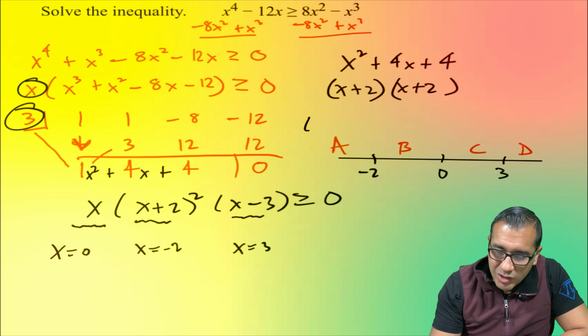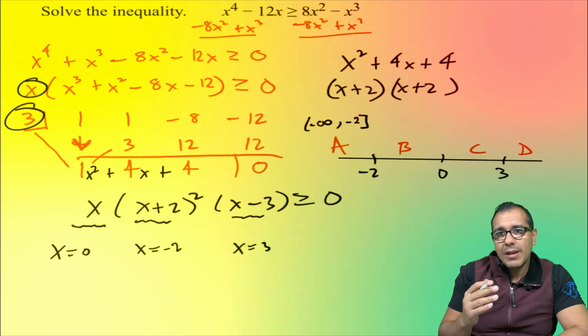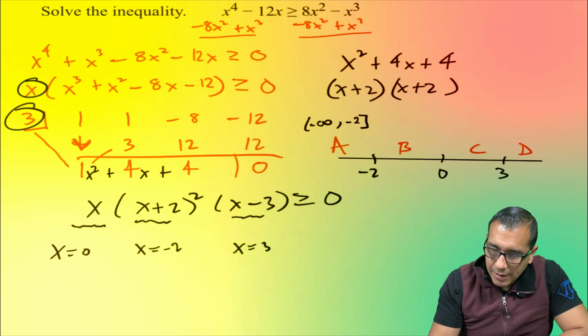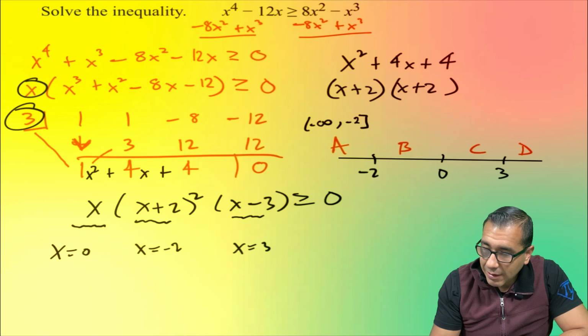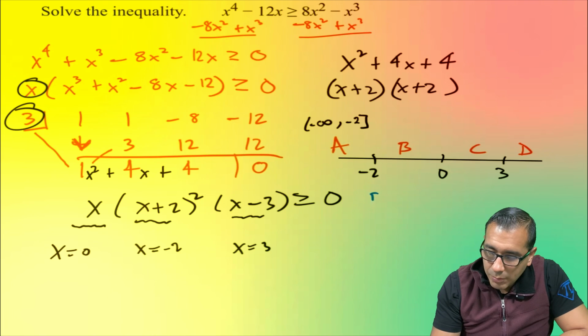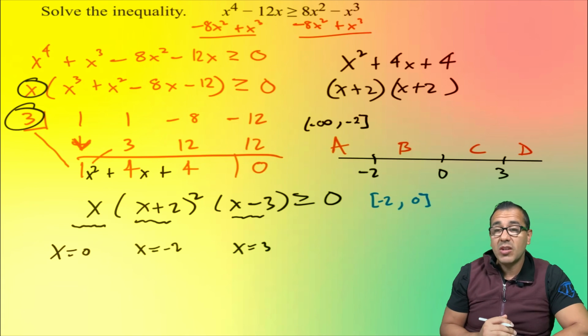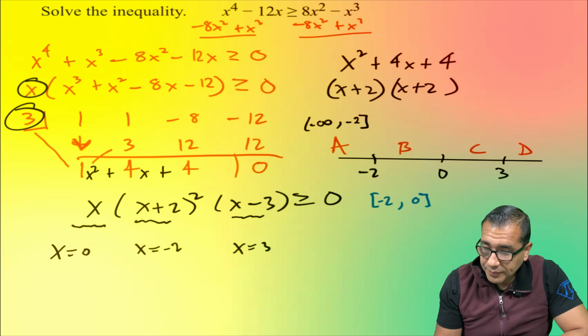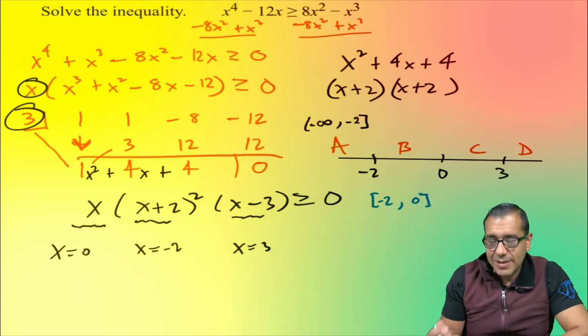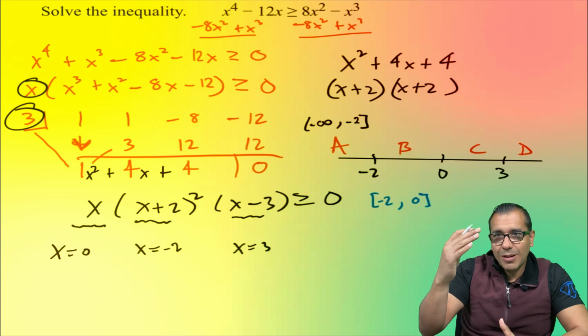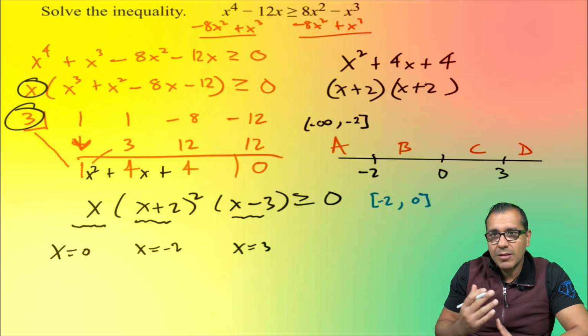All right, so let me just write down the possibilities. From region A, it'll be from negative infinity to -2. We never reach infinity, so that's why it's always a parenthesis. Region B here, I'll do that in a different color, would be from -2 to 0. Region C here, just because I wrote it above and below doesn't mean I'm implying their answer is positive or negative.